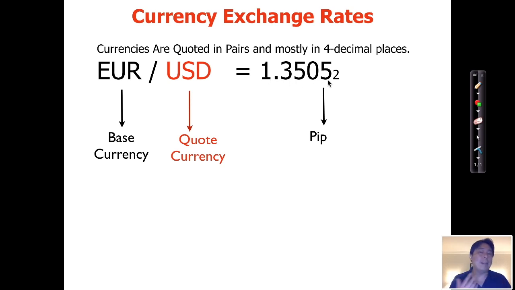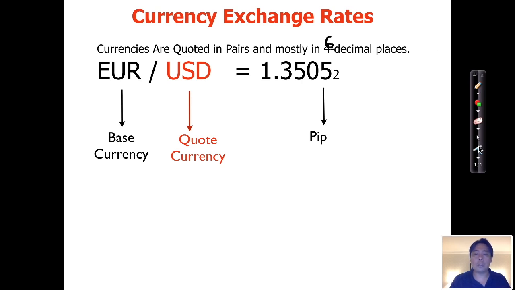Usually when we read it, we don't say 1.3505, we just say 3505. Now, if it goes from 3505 to 3506, it means the euro USD has gone up by 1 pip, because from 5 to 6 is 1 pip. Does that make sense?